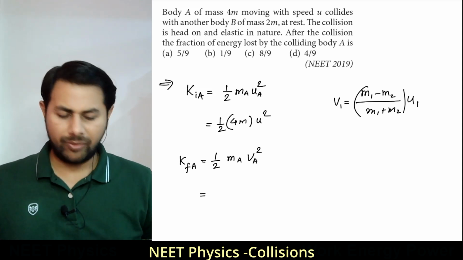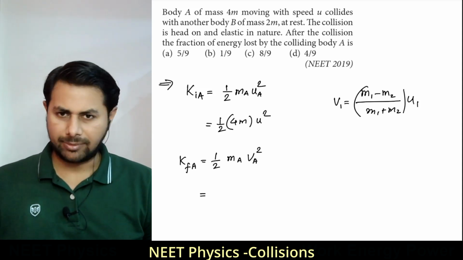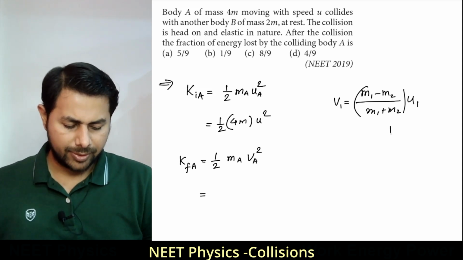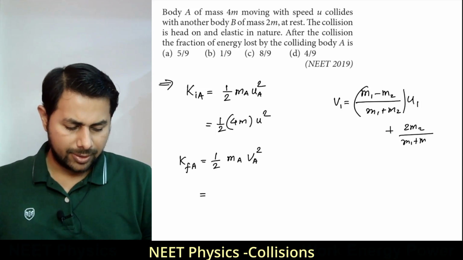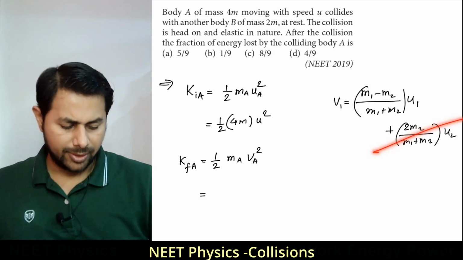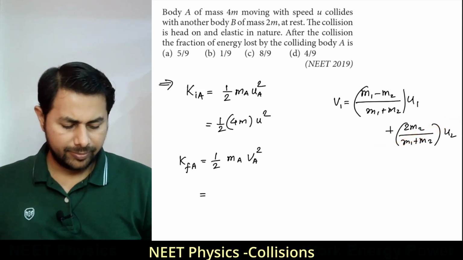What's the complete formula? m1 minus m2 upon m1 plus m2 times u1, plus 2m2 upon m1 plus m2 multiplied by u2. But the second body is at rest, so we can forget about the second term.